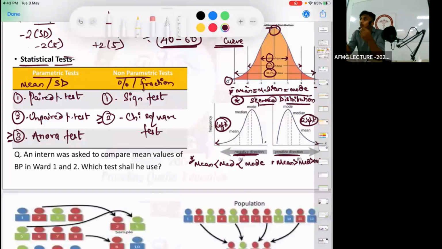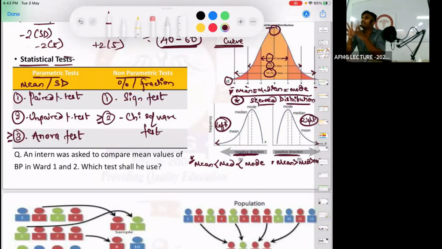A blood pressure value, or a mean. So which type of test? Parametric test. Second thing, how many groups am I comparing? Only a single group, before and after the intervention. So therefore it would be a paired t-test.